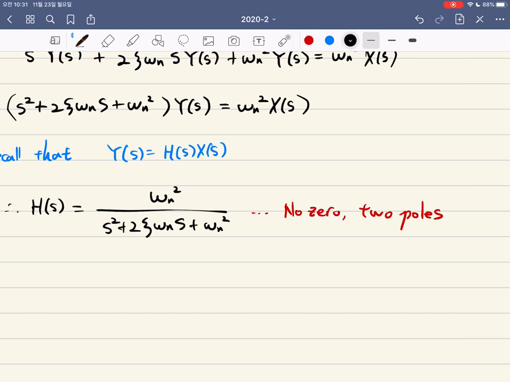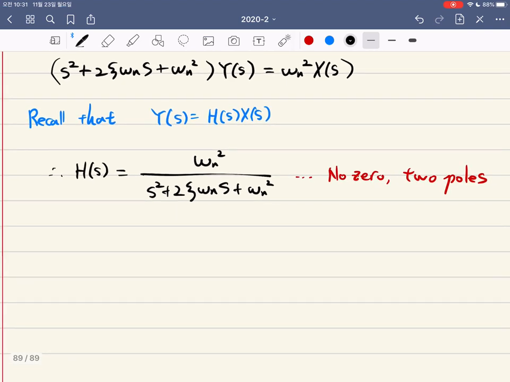And if I can express this H(s) like s minus c1 times s minus c2, then I will have c1 and c2 as the system's poles, right?